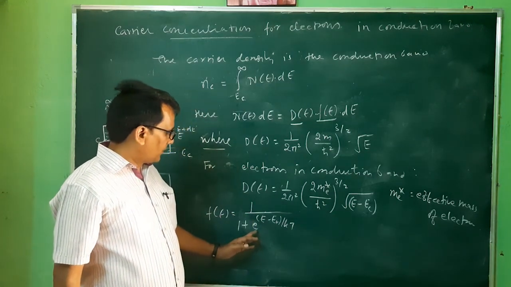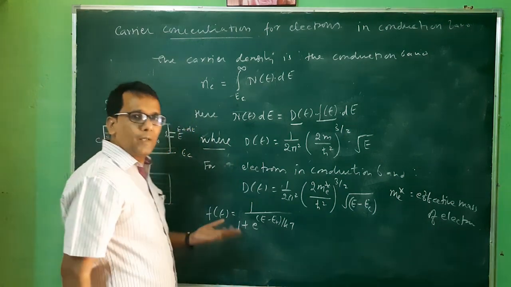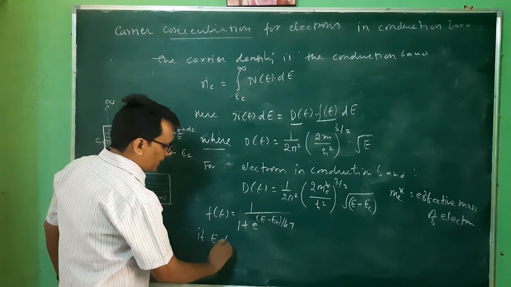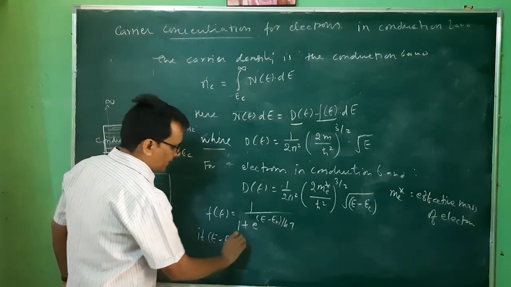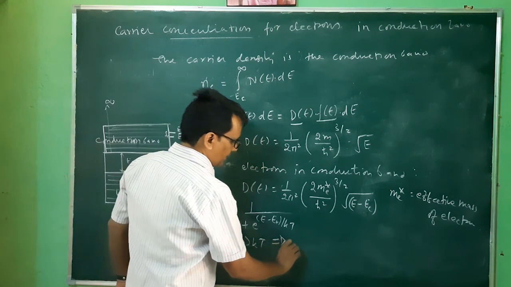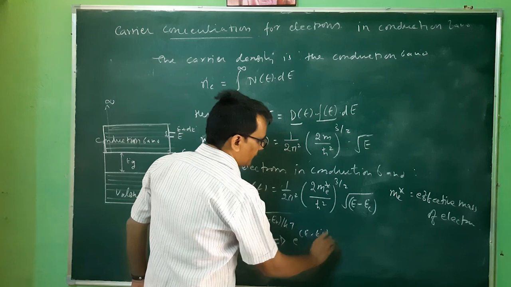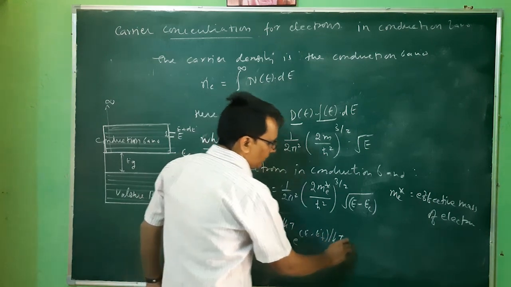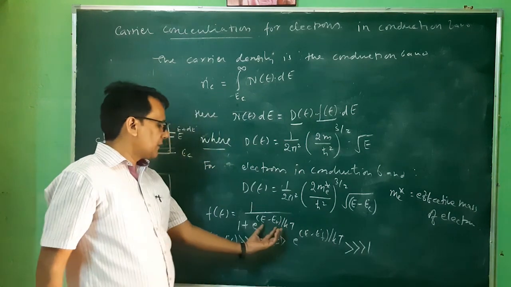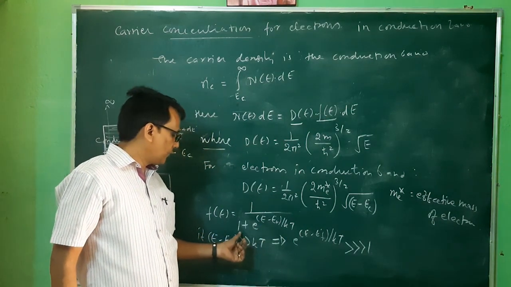Here we will use a simple approximation: if E − EF is much greater than kT, then the exponential of (E − EF)/kT will be much greater than 1, so the exponential dominates the value 1.